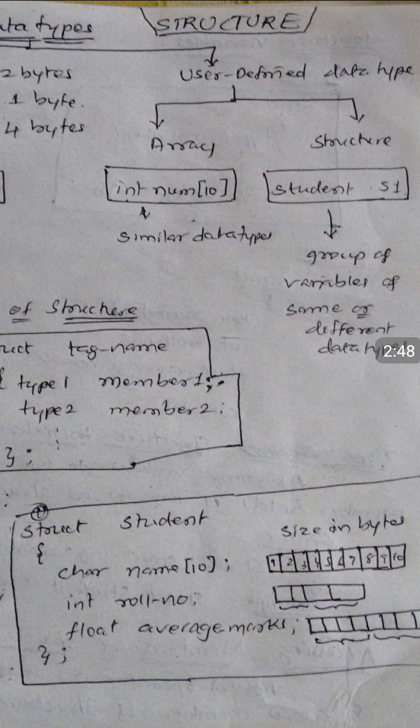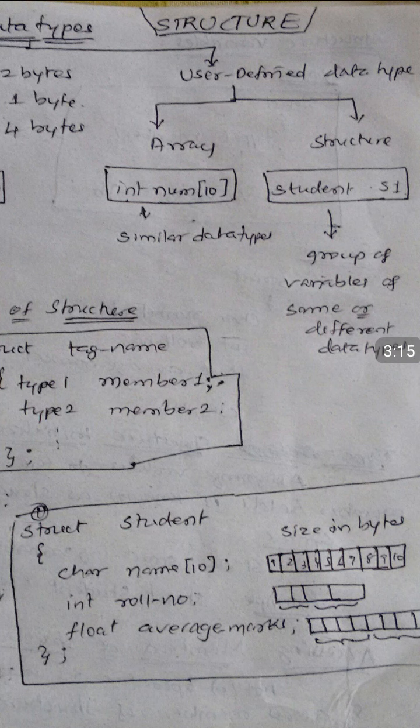Suppose we want to store another number, 18, in another variable called num1. If our demand is to store hundreds of numbers, then we have to declare num, num1, num2, and so on up to 99. So for 100 data of the same type, we would have to declare 100 variables. Instead of that, we use an alternative option called an array.